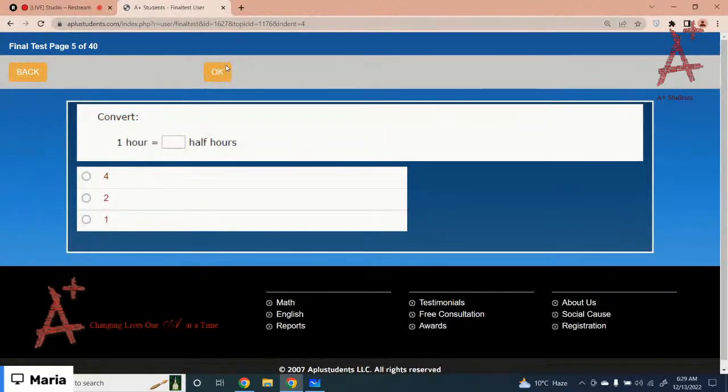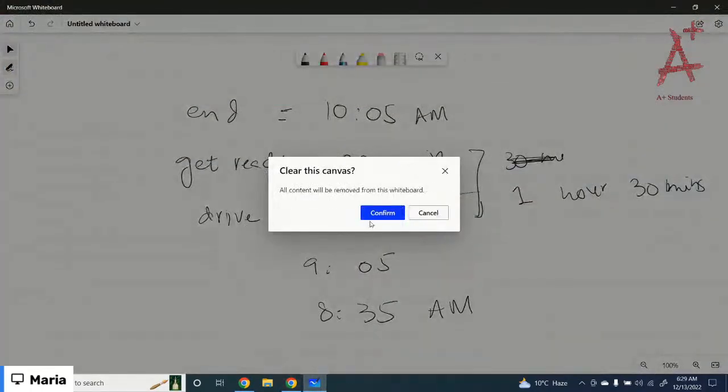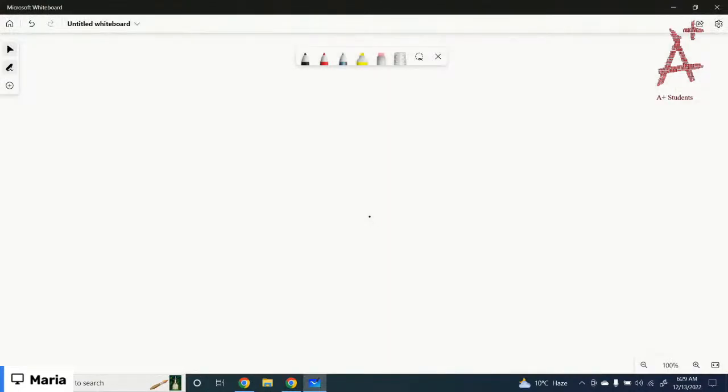Okay. In 1 hour, how many half hours do we have? You have 2 half hours in 1 hour. Got it? Because 1 hour equals 60 minutes, and 60 minutes you can write as 30 plus 30 minutes.